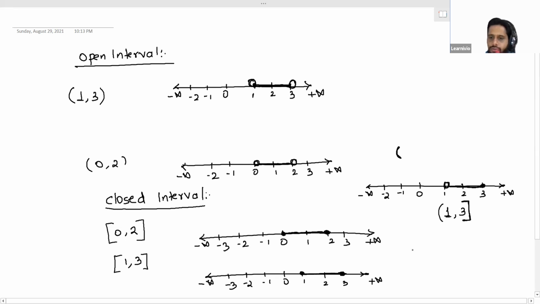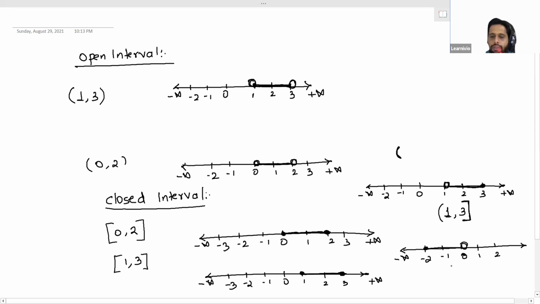Okay, very good. So Rishan, can you please tell me the answer of this? This is minus infinite, -2, -1, 0, 1, and 2. Now this is between -2 and 0.